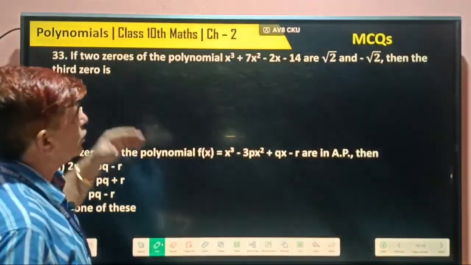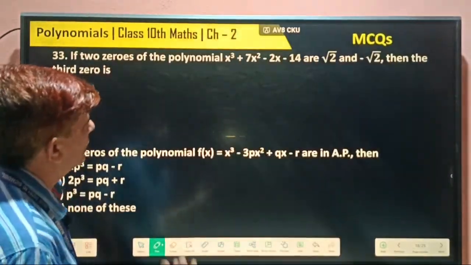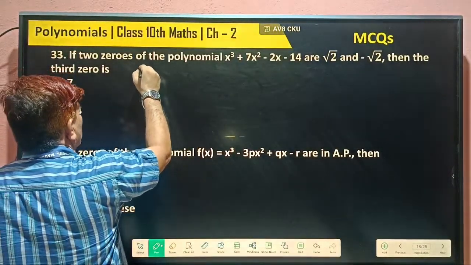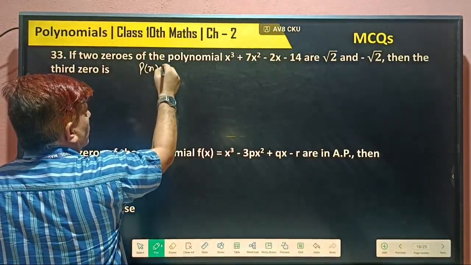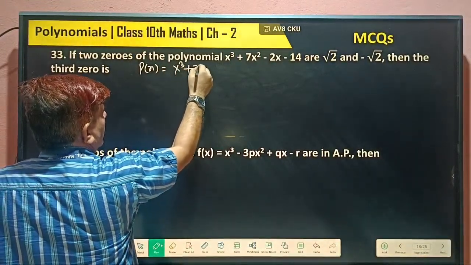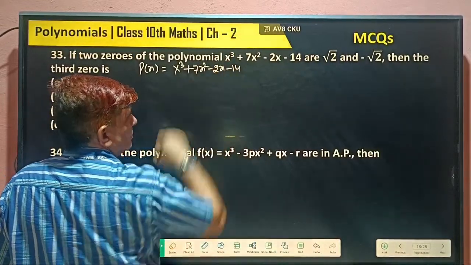Again, given that two zeros of this polynomial are these, find the third zero. Easily we can find out. The polynomial px is given: x cube plus 7x square minus 2x minus 14.